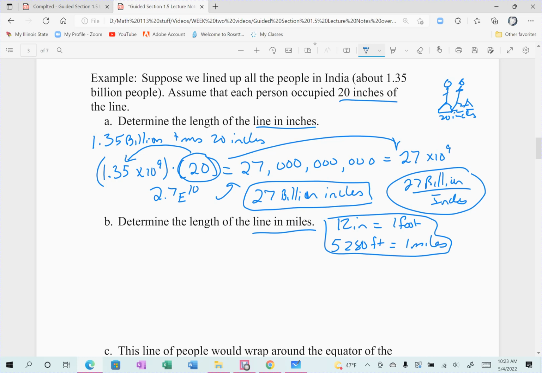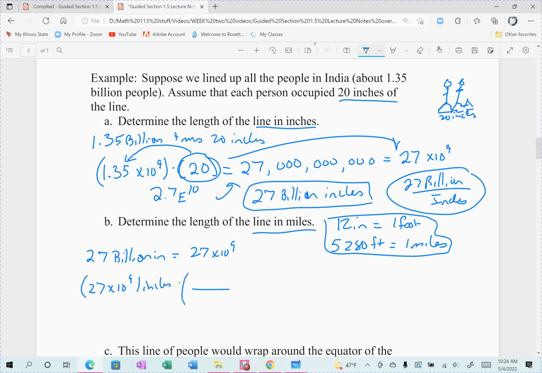So we start off with our 27 billion inches, which, remember, is 27 times 10 to the ninth. We're going to multiply that by our conversion factors.